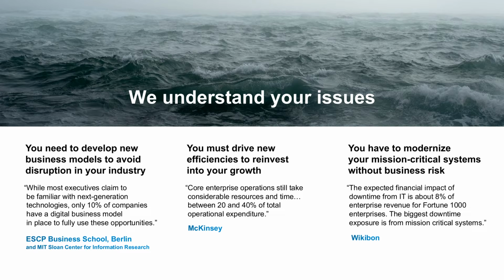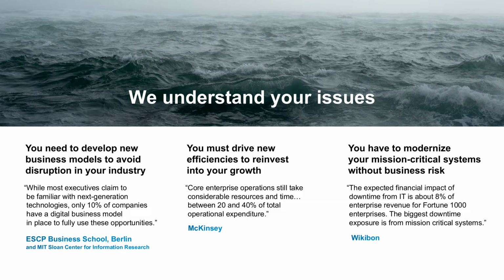The second is to take a look at new operational efficiencies. Your customer must drive efficiencies to reinvest into their growth. By taking advantage of new technologies for process automation, such as AI and innovation, your customer can gain a competitive advantage over their competitors. And thirdly, your customers need to modernize without disruption. They have to transform their mission-critical systems without disruption.